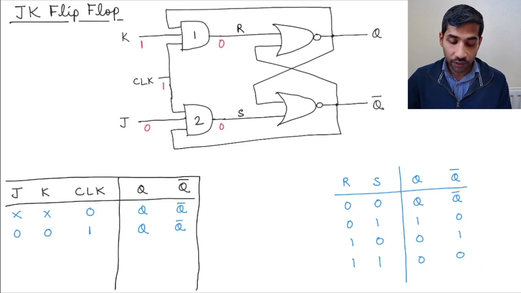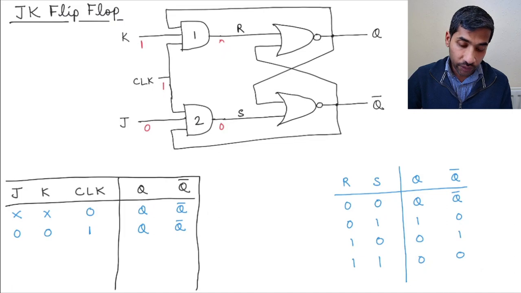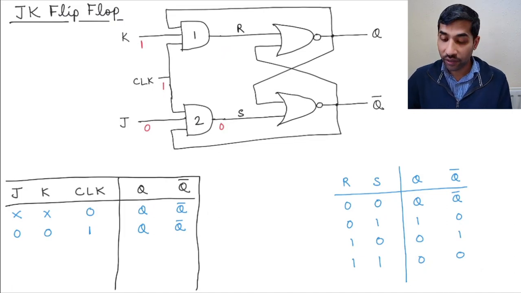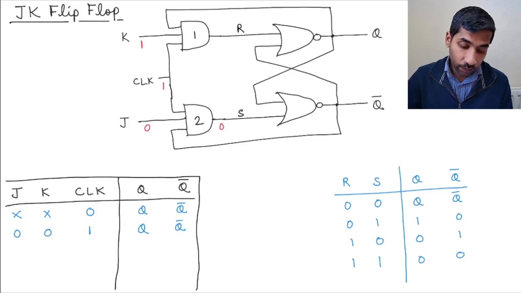It's still 0 because J is 0, so this is going to be 0. But the output of the AND gate 1 depends. We don't know what it is going to be, and it depends on what? Now K is 1, clock is 1, but what about Q? So depending on what Q is, the output here is going to change, right?